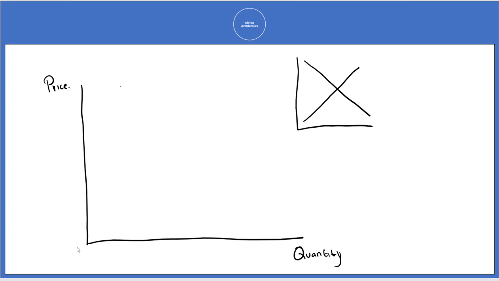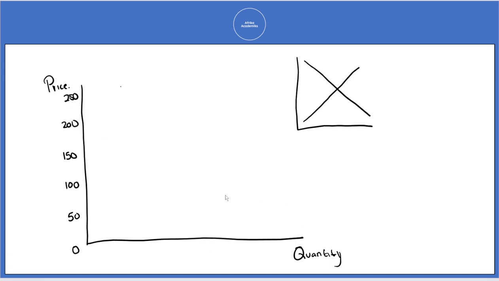So obviously here we'll start with 0. From 0 we go to, let's say, 50, then 100, then 150, then 200, and then 250.